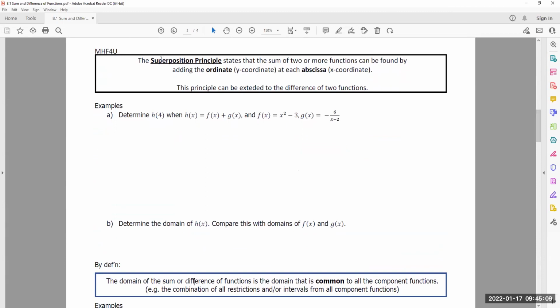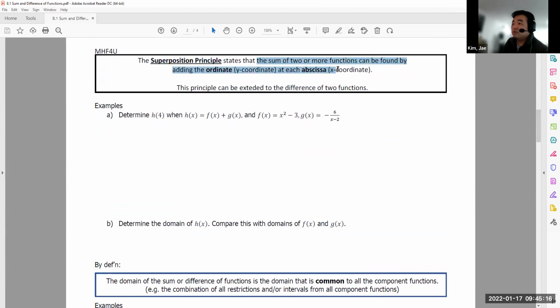Okay. So what I'm trying to say is the superposition principle. If there is a sum of two or more functions, we can find the sum of two or more functions by adding the y values or the ordinate at every corresponding x value. So abscissa.